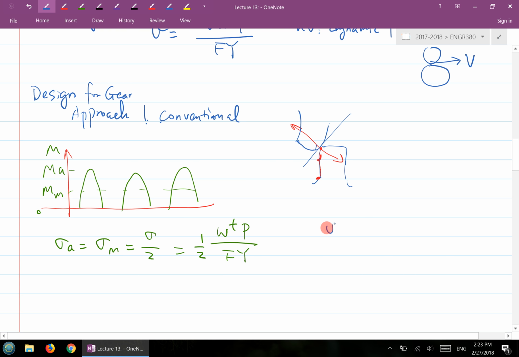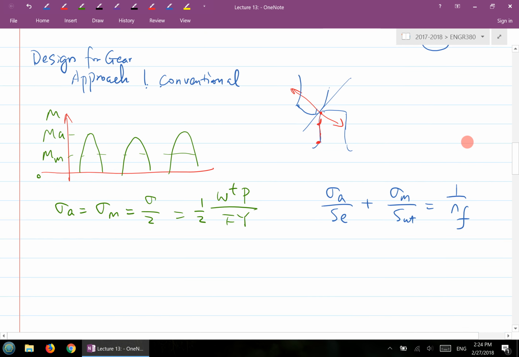And then you can substitute sigma A into the modified Goodman equation, and then calculate the safety factor. That's a conventional approach to calculate the safety factor or design using the modified Goodman line, using the magnitude of oscillation and mean value to do the calculations here.